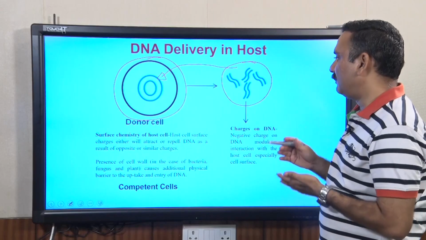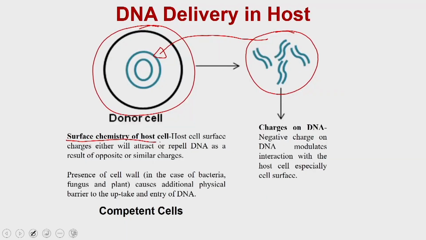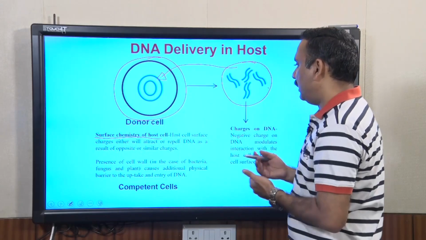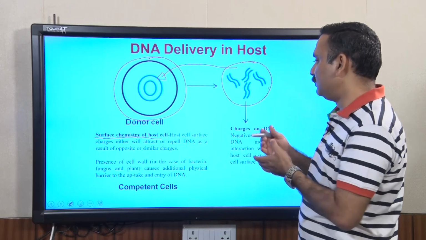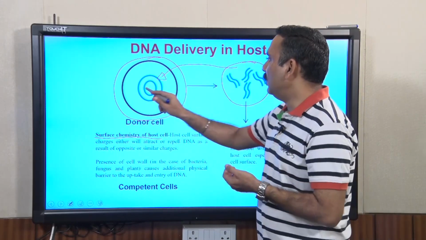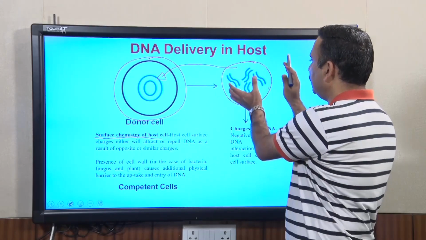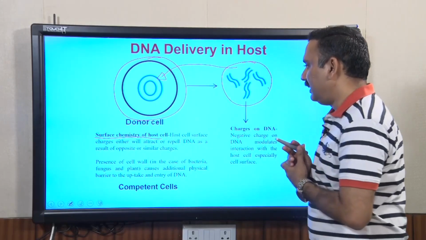For that you need clear knowledge about the surface chemistry of the host cells, because the surface chemistry will either attract or repel this recombinant DNA, and accordingly you have to devise or treat the host cells in such a way that they start accepting the foreign or recombinant DNA.